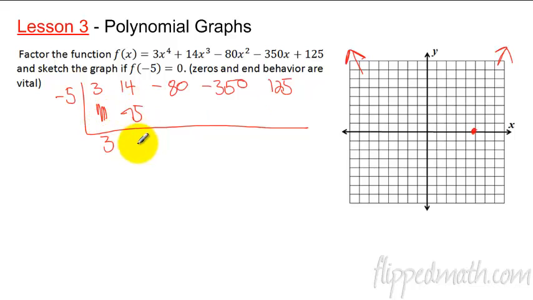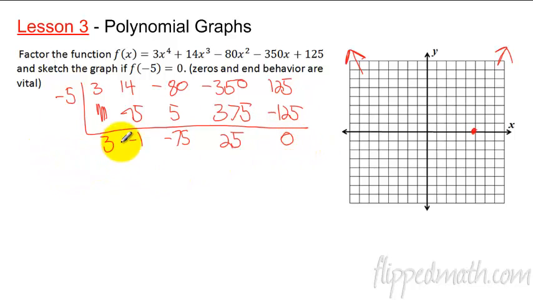Negative 15, negative 1, 5, negative 75. Negative 75 times negative 5 is going to be 375, and it is positive because of the negative and negative. Add those together, you get 25. And then negative 5 times 25 is negative 125. So we'll have a 0 at the end, which it should be. If we didn't get a 0, then we messed up somewhere.